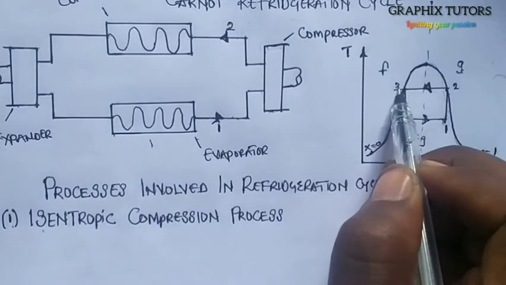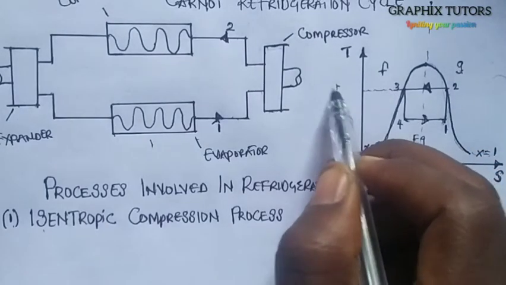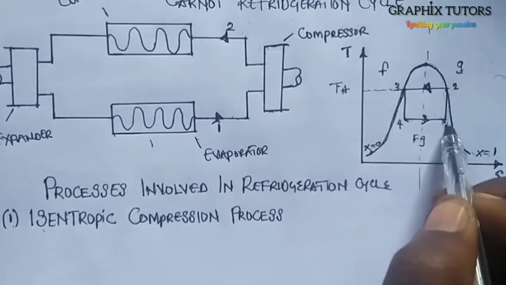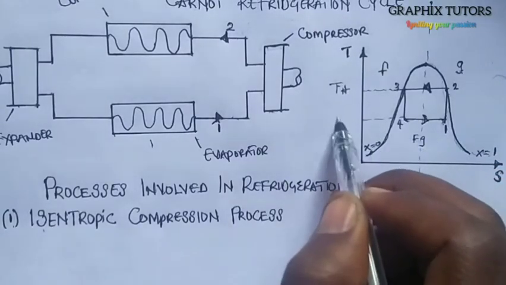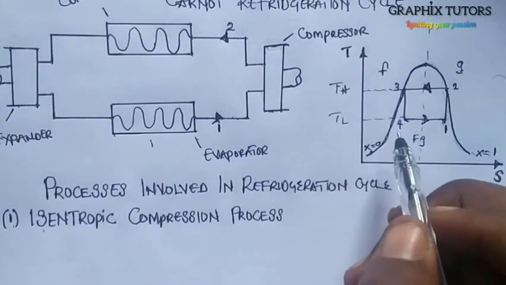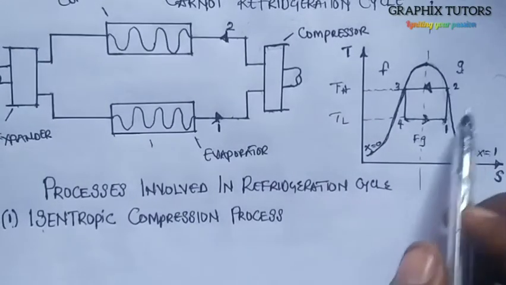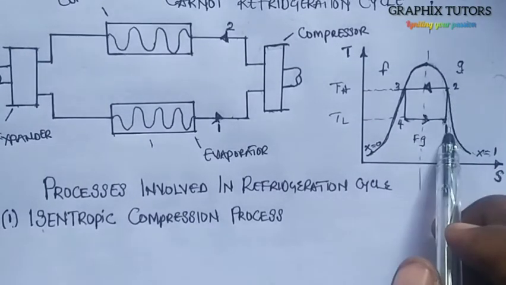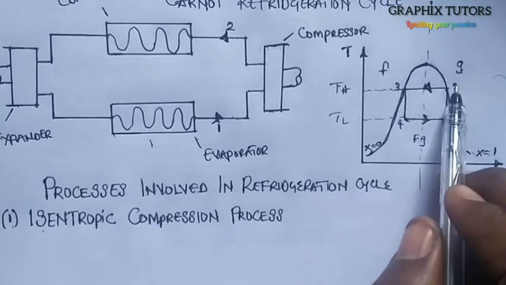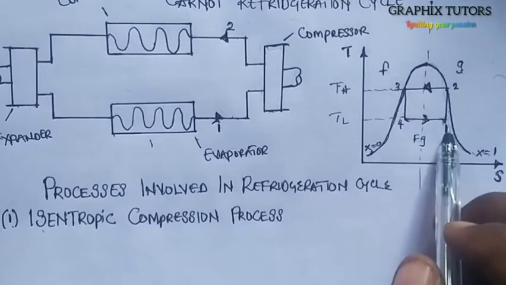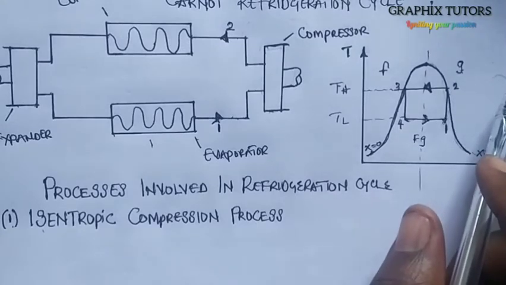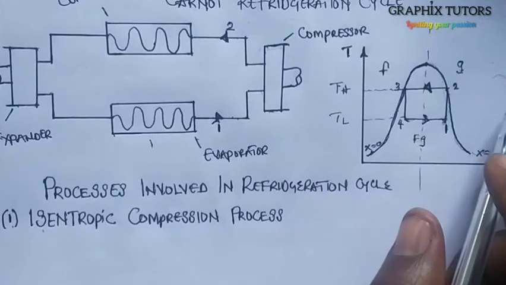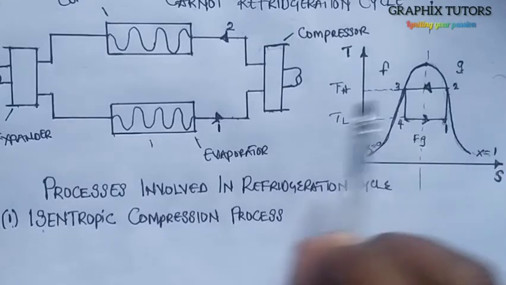So at this state now, what do you notice? The temperature is high. At state 1, the temperature is what? Low, right? So it increases the temperature from state 1 to state 2, and also increases the pressure too, because when you compress, you are indirectly increasing the pressure. Now that is for state 1.